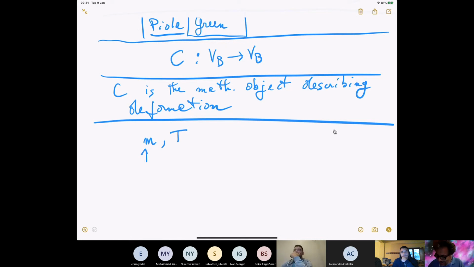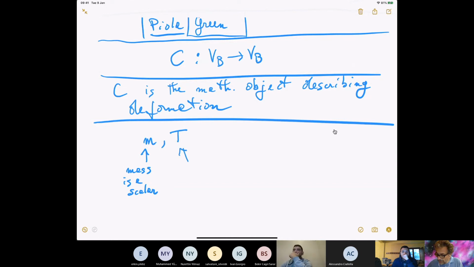The mass is a scalar. You change observer, and the mass is not changing.